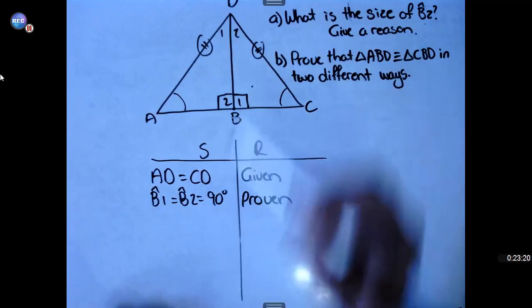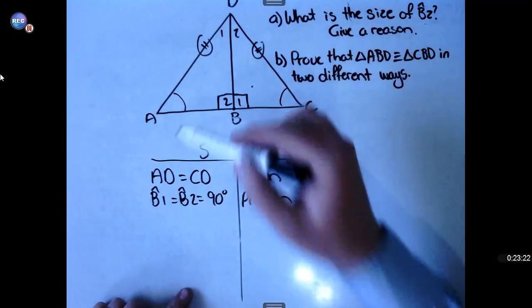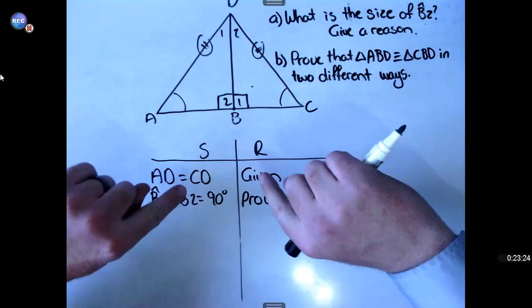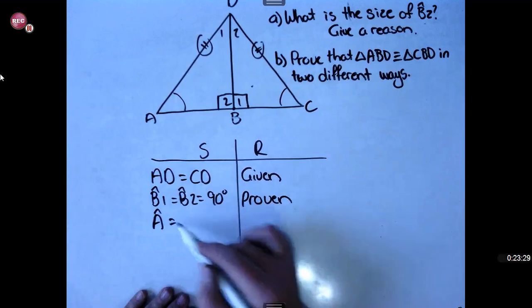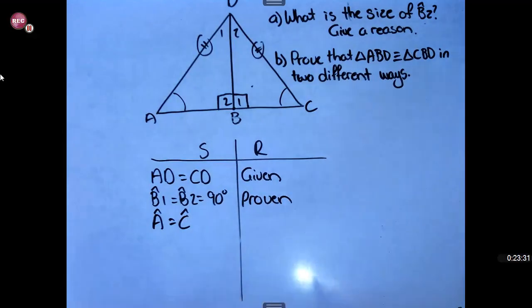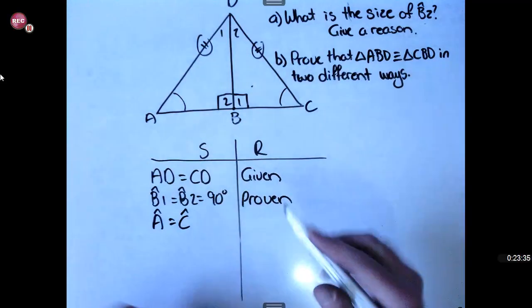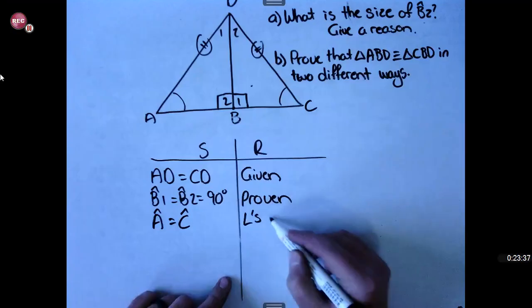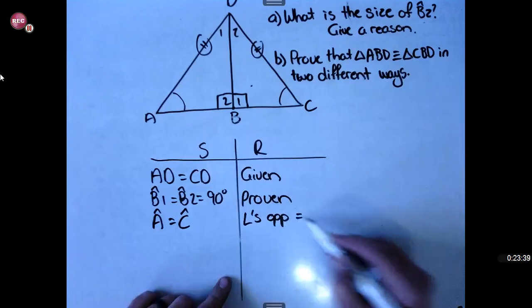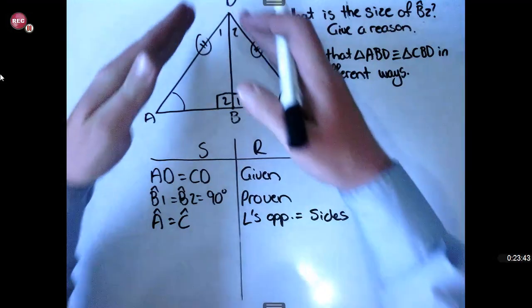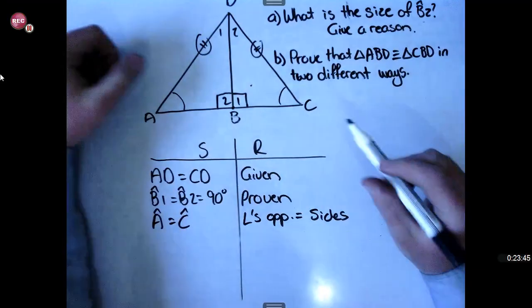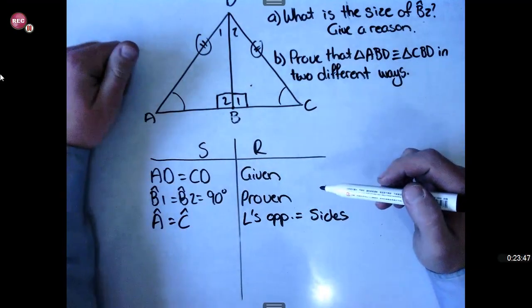Then, because these two sides are equal in length, the base angles should be equal in size. So therefore, angle A is equal to angle C. And the reason for that is because these two angles are angles of opposite equal sides. Because the sides are exactly the same length, the two base angles should be exactly the same size.